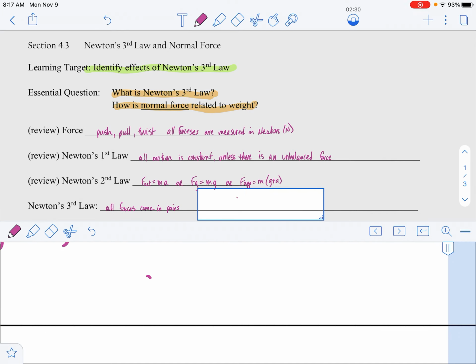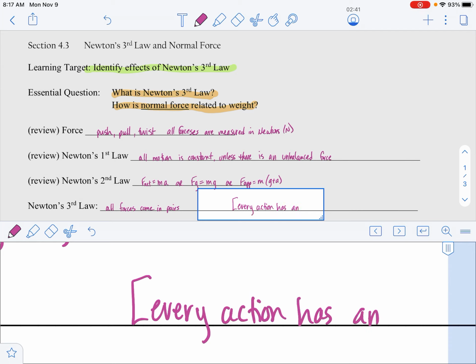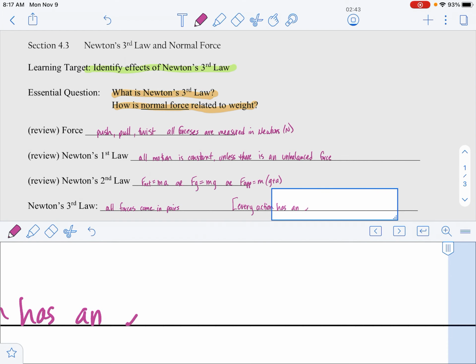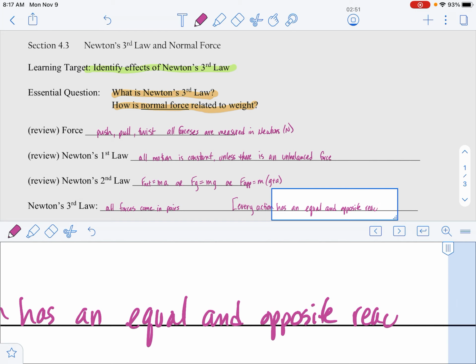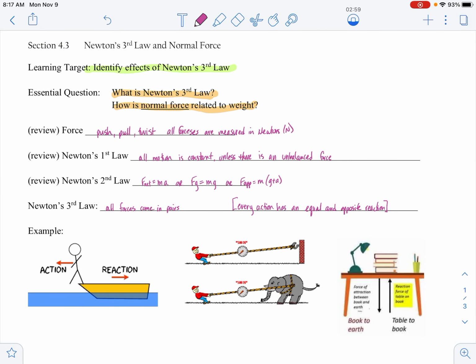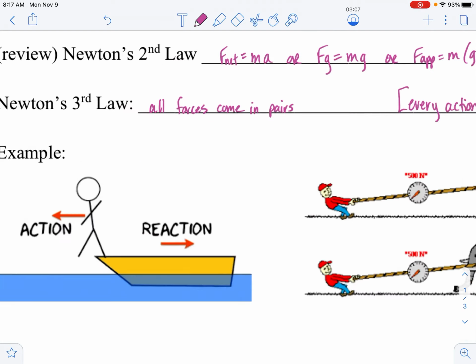You might have heard this as every action has an equal and opposite reaction. All right, so if there's an up force, there has to be a down force. If there's a left force, there has to be a right force. Sometimes they're a little bit hard to find, but every action has an equal and opposite reaction. Forces come in pairs.